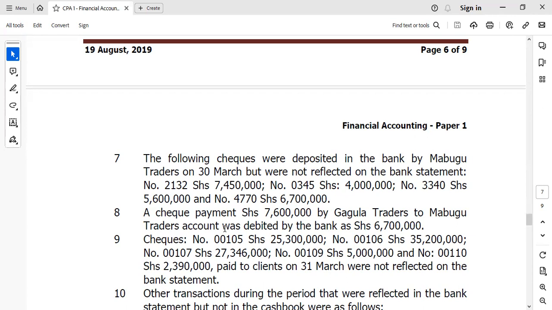So what you have to do is cancel out the debit on the bank account, 6.7. The bank will have to credit Mabugu's account by a double figure. That is 7.6 plus 6.7. So you have to add these two, to cancel out the debit that was made, then at the same time to record the credit of 7.6.